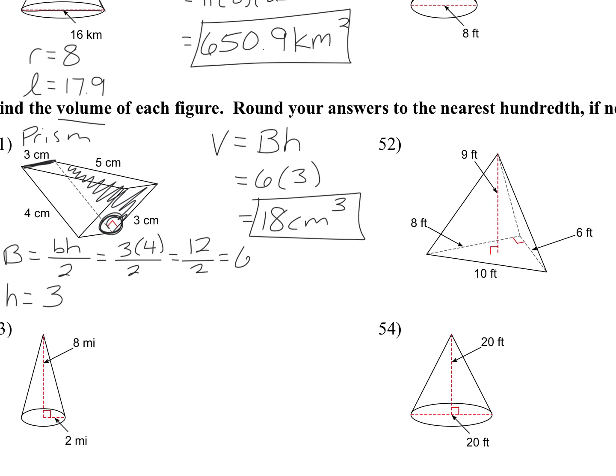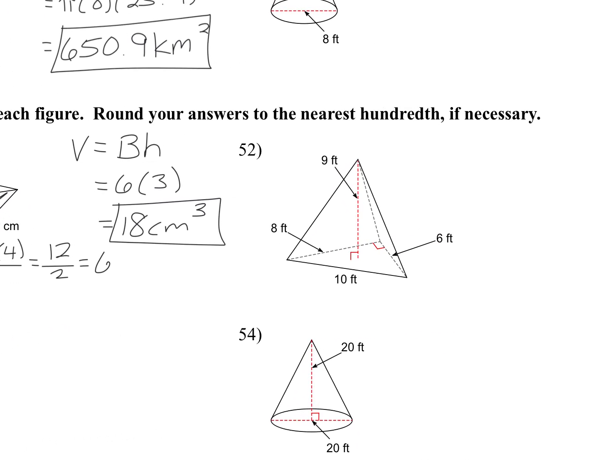What's the shape of 52? Triangular pyramid. It's a pyramid. Okay, what did you say the base shape was? Triangle. Okay, so the volume for a pyramid, it's base capital B times H divided by 3. How do I find capital B?